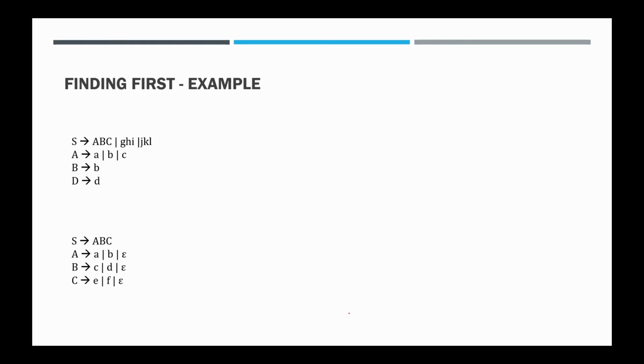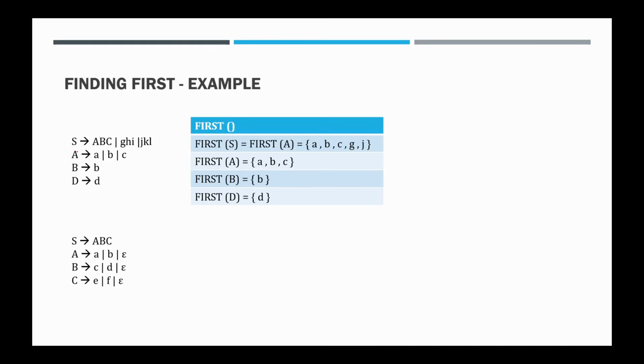Also, let me give some more examples, just see to it. Here the first of S will be A. So we need to find the first of A. First of A will be A, B, C. Okay. And here, when we consider this first production S tends to A, B, C, the first of S will be first of A. So then we have included the first of A here, which is A, B, C. And then when you check for the other set of productions in S, we have GHI and JKL.